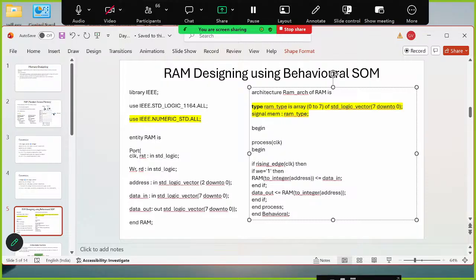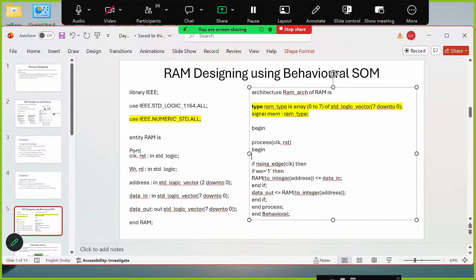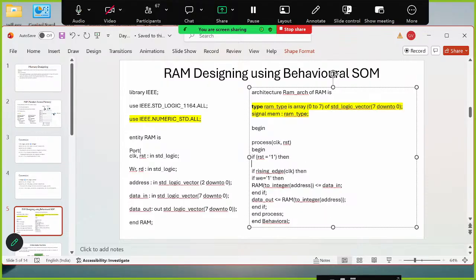After that, the rest of the things are very simple: begin, process clock, reset. If reset equal to 1, then what do we want?